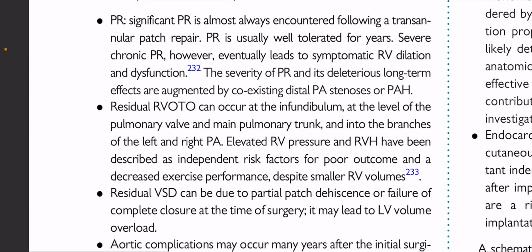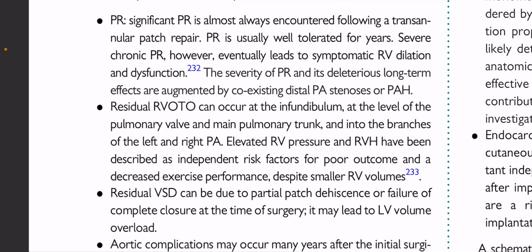pulmonary regurgitation. Significant pulmonary regurgitation is almost always encountered following a transannular patch repair. Pulmonary regurgitation is usually well tolerated for years. Severe chronic pulmonary regurgitation, however, eventually leads to symptomatic RV dilation and dysfunction.